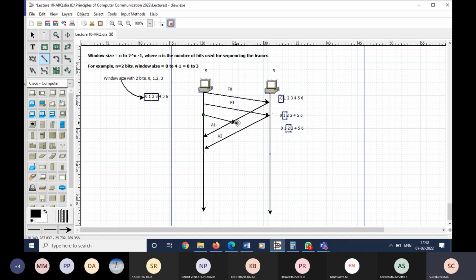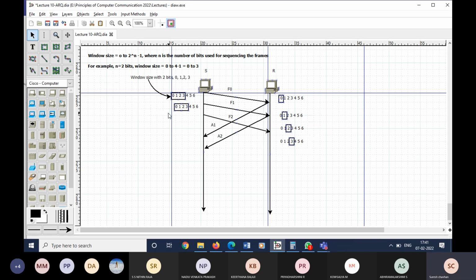Suppose F2 has been sent. Then the receiver will be expecting the next frame, F3. So till here I have the same sequence, and I'll write it so that you get a clear idea.